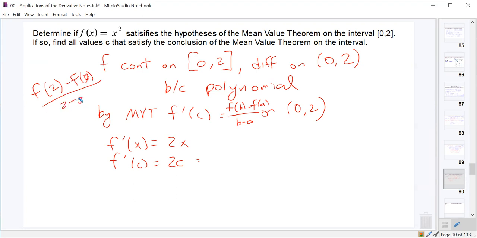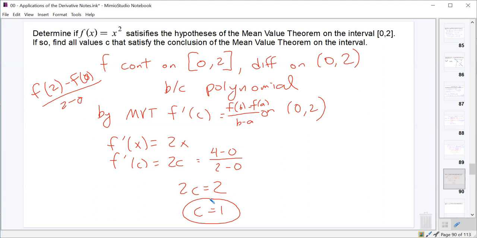And f of 2 is 4. F of 0 is 0. And if we do 2 minus 0, that's going to be a 2. We end up getting 2c equals 2, or c equals 1, which tells us that c equals 1 is the singular value that satisfies the conclusion of the mean value theorem for x squared on 0 to 2.